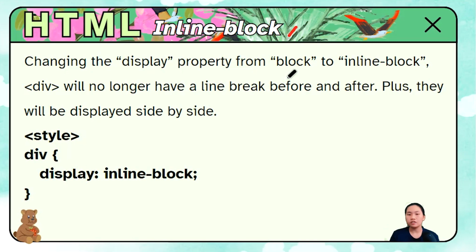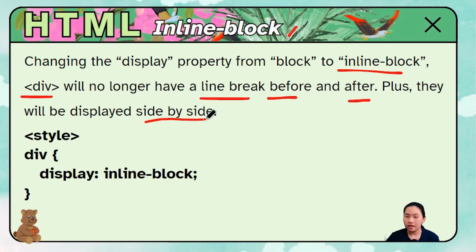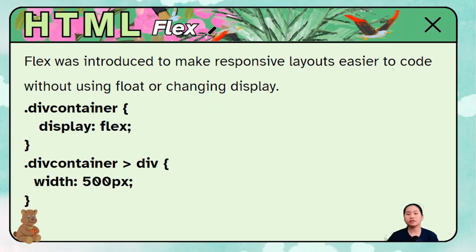So you can change that to inline block, and this will remove the line break before and after the div element. Plus, multiple divs will be displayed side by side, okay? We can do this in style, external CSS, or inline CSS, with div and display inline block. That's it.